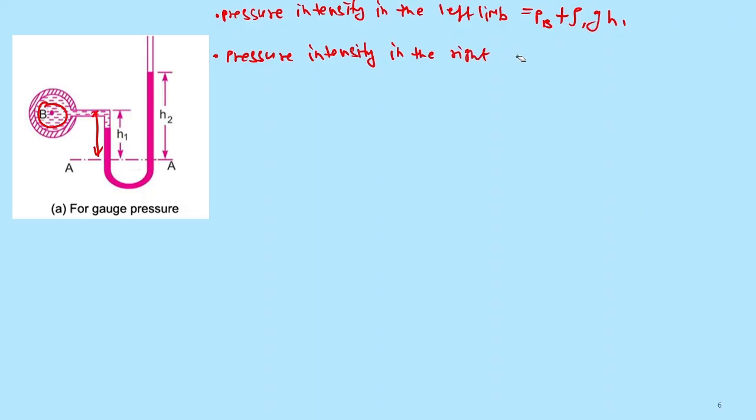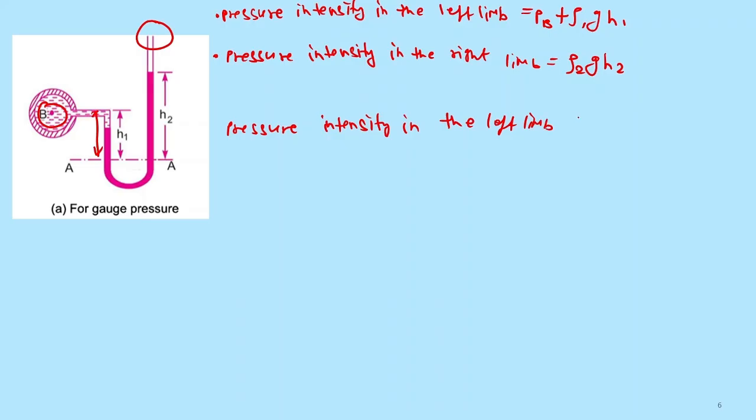In the right limb, the end is open to atmosphere. There is no point pressure. So we can write rho 2 G H2. And if we equate them, we can write pressure intensity in the left limb equal to pressure intensity in the right limb.